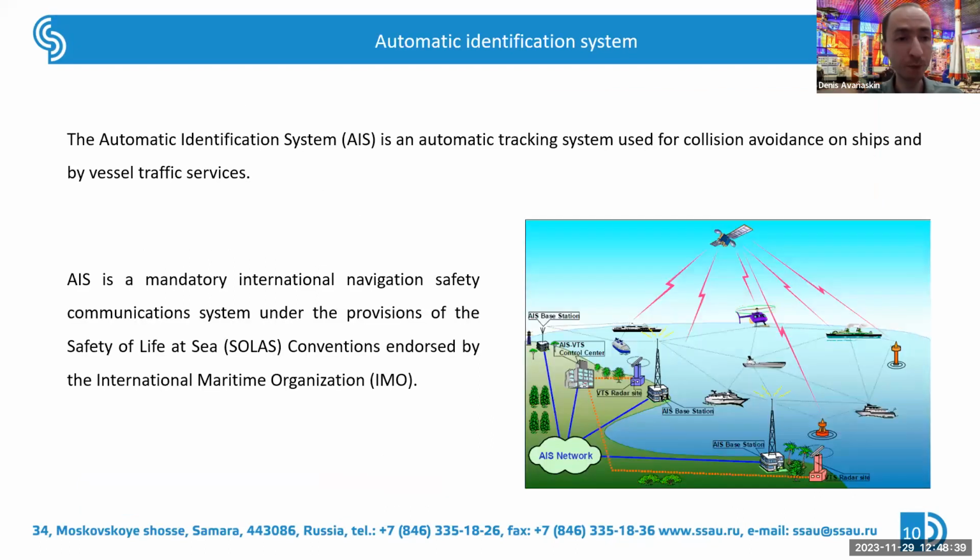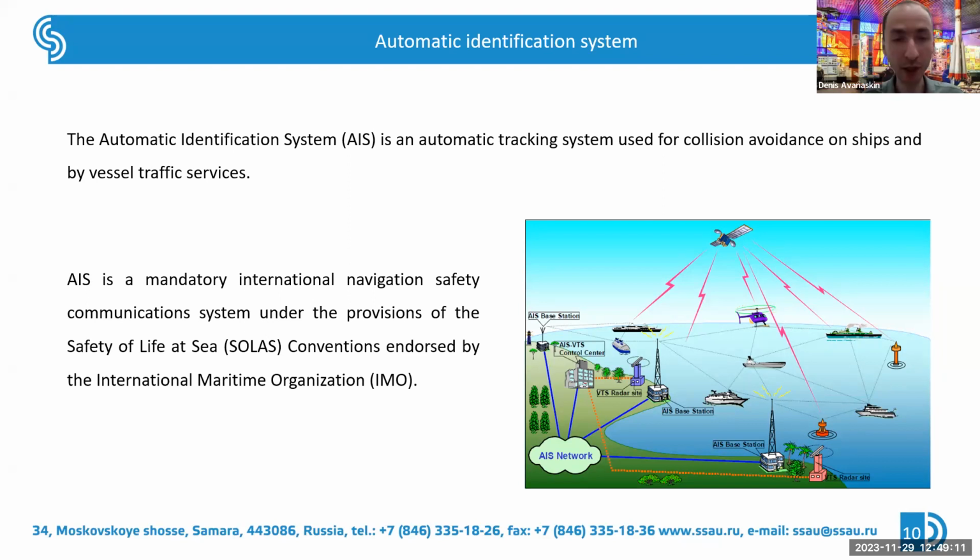Also, nanosatellites can be used for automatic identification systems. Basically, this is the system to avoid collisions between vessels in the ocean or in the different seas, in different oceans. So they control the motion of these vessels, the traffic of it.